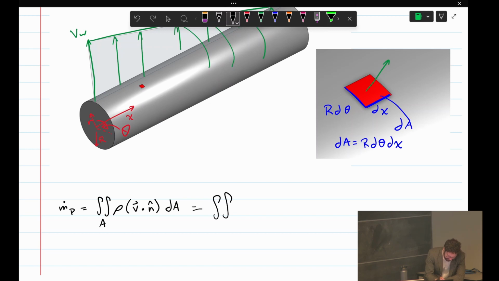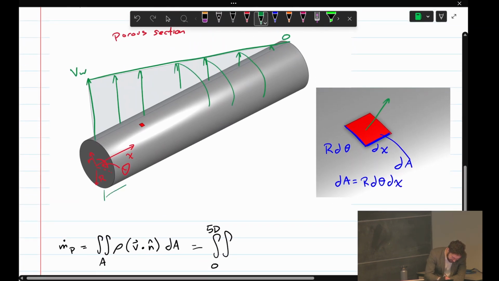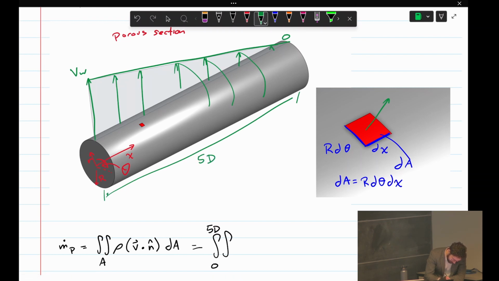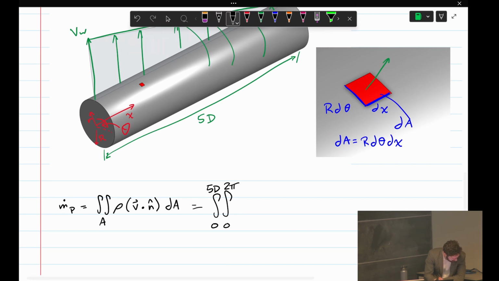The x will go from 0 to 5d, where again the length of this is 5d in the x direction. Now theta will go from 0 to 2 pi of R. So that would be rho v R d theta.